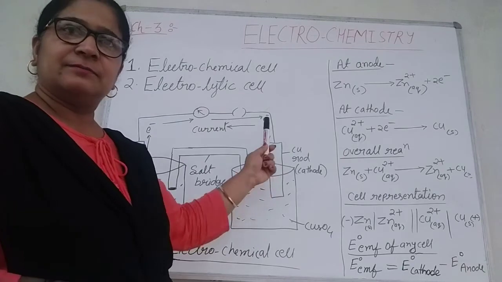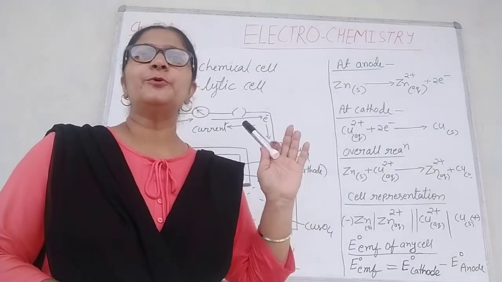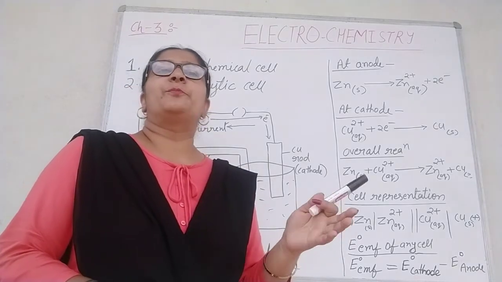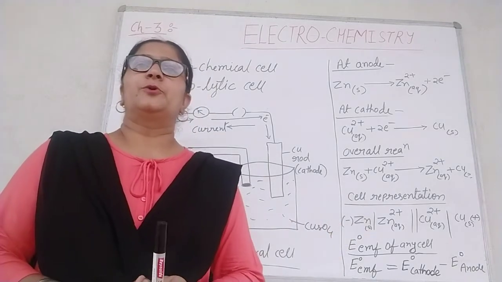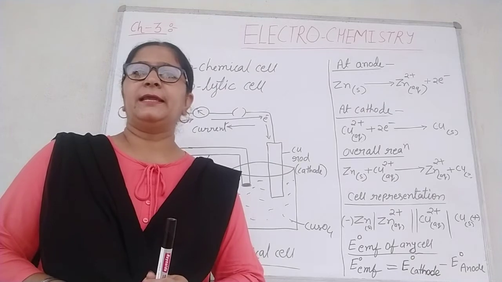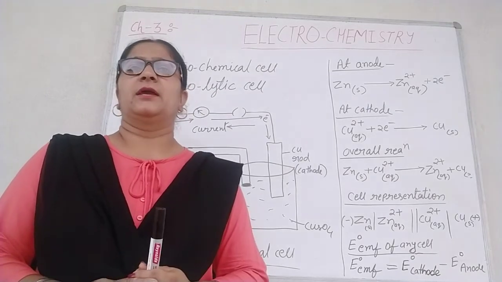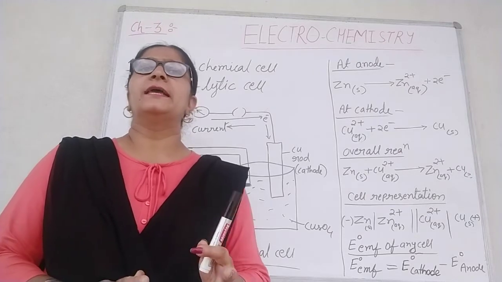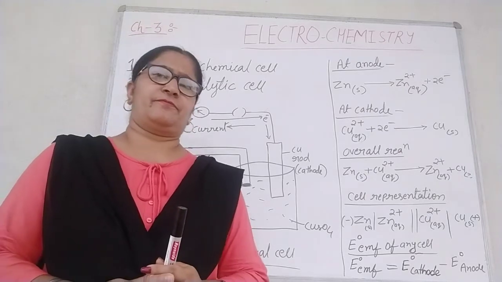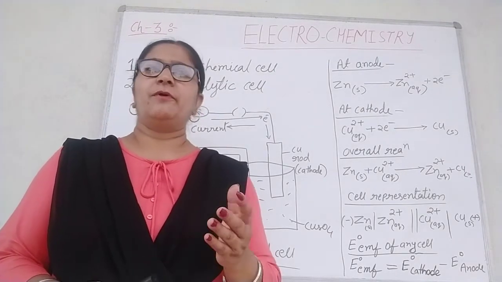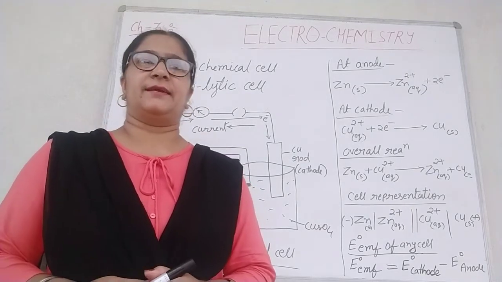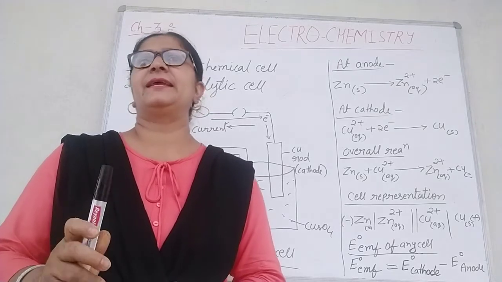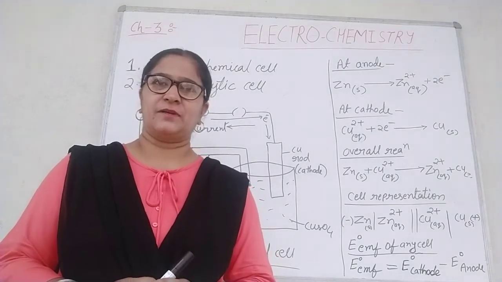So the potential difference between two electrodes in an open circuit is known as cell potential or standard EMF, when the cell is in standard state, that is 1 molar concentration and 298 Kelvin temperature.